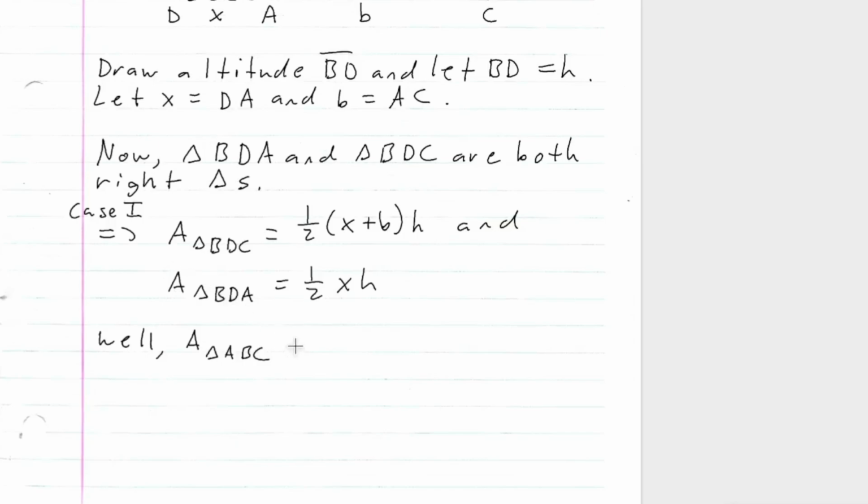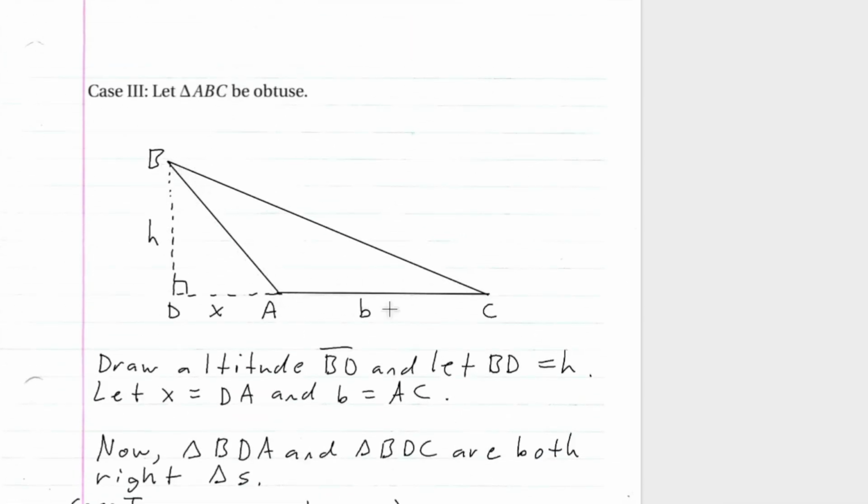So the area of triangle ABC is equal to the area of triangle BDC minus the area of triangle BDA, right? It's the area of this whole triangle minus this piece.